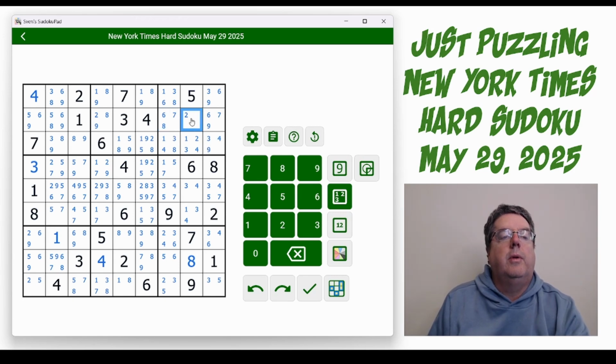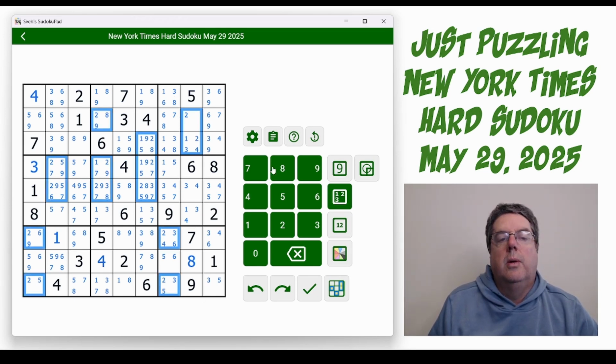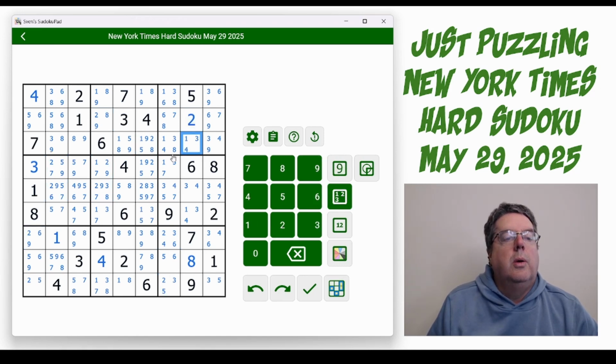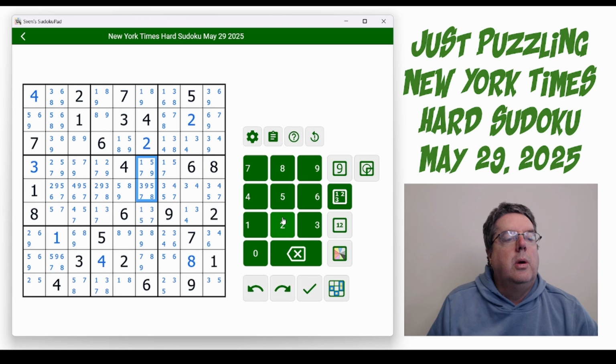Already got. So let's have a look. 1, 2, 3, 4, 5, 6, 7, 8, 9. So that's definitely a 2. Alright, so 2 there, which means you cannot be a 2, which means 2 can't be there. So you are a 2, which means that you down this side cannot be a 2.